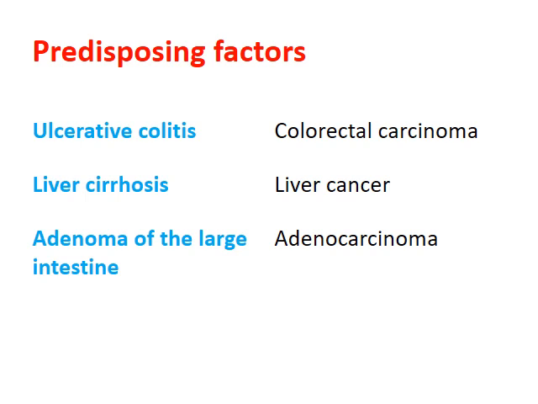Also, we have predisposing factors, or certain diseases that may be associated with an increased chance of developing cancer. For example, ulcerative colitis may increase the risk of colorectal carcinoma, and liver cirrhosis is definitely associated with the development of hepatocellular carcinoma.